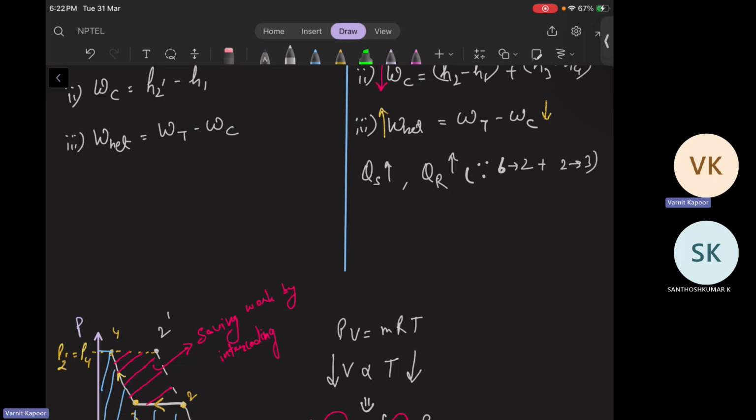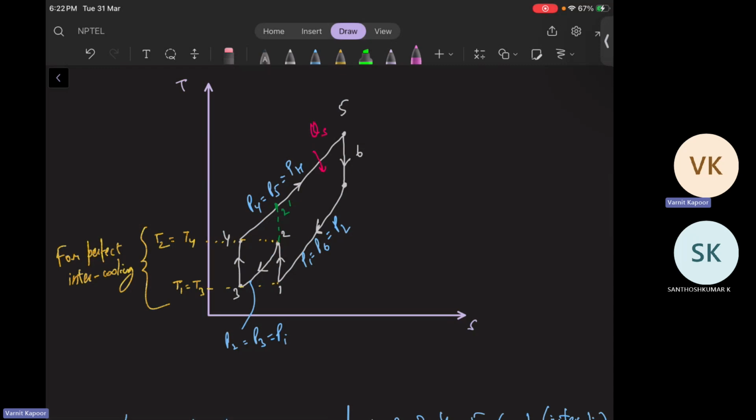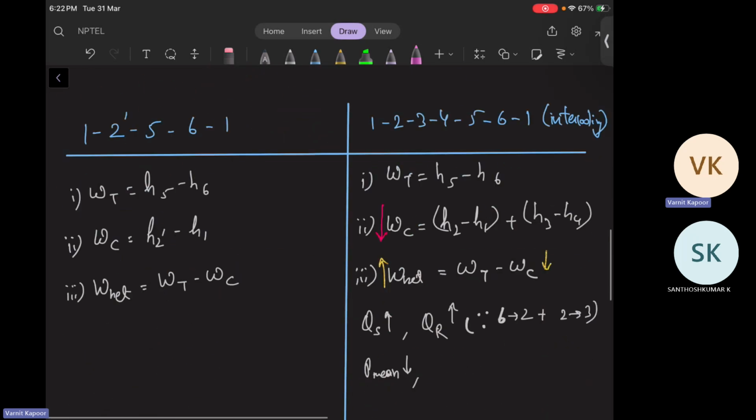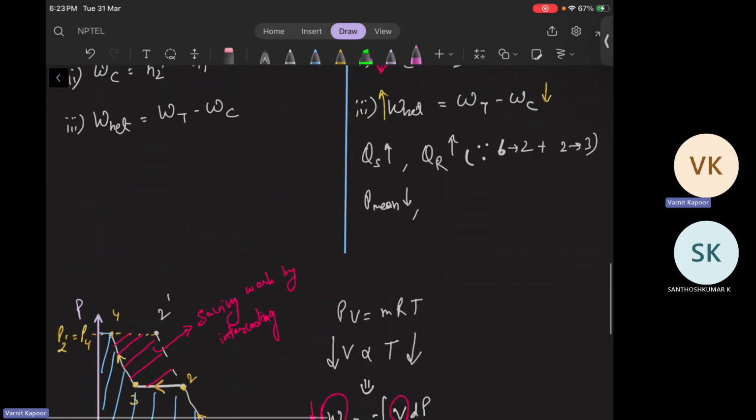Then the mean effective pressure has also been decreased. Similarly, earlier the pressure was from 1 to 2 dash. Now you are going from 1 to 2, then 3 to 4. If you take the mean of the two, it is going to decrease eventually. So if mean effective pressure is decreased, eventually the pressure ratio has decreased also.